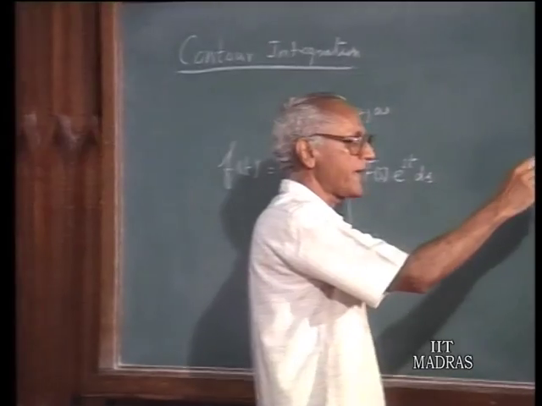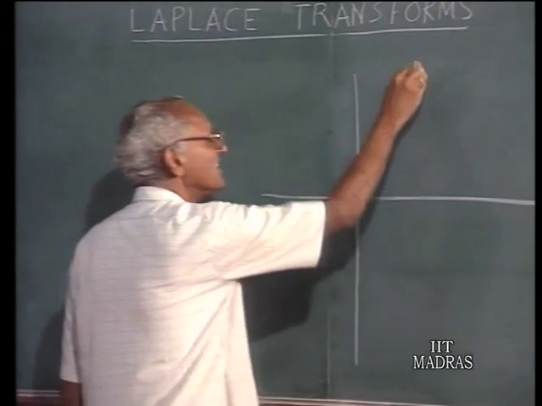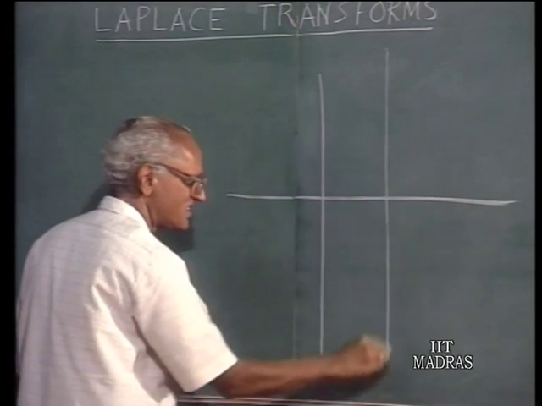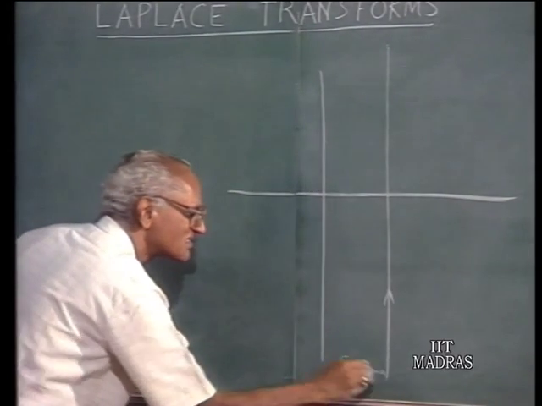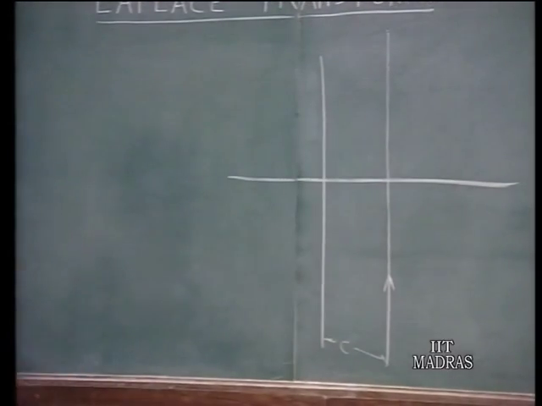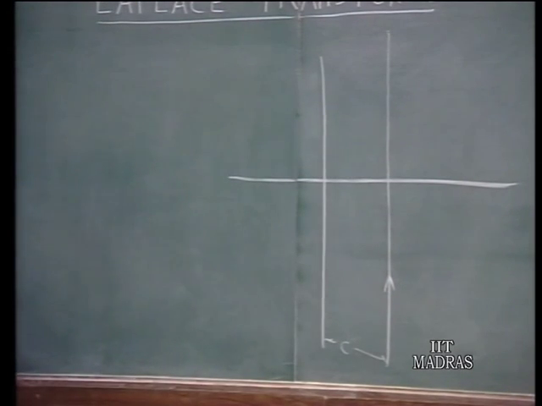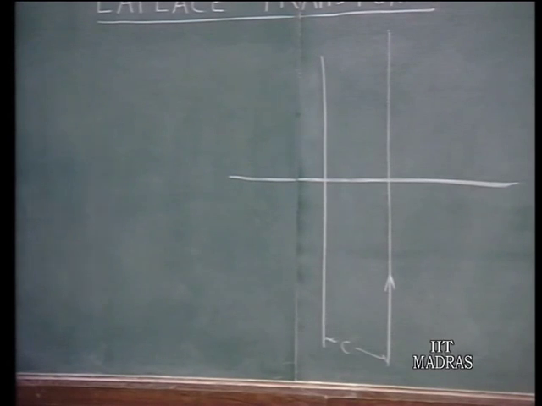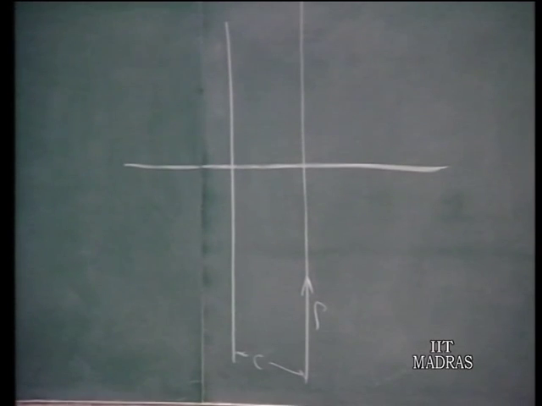So, in the complex plane, you take the integration along a contour like this, from c minus j infinity all the way to c plus j infinity. Let me say this contour is gamma. So this integration is along this.